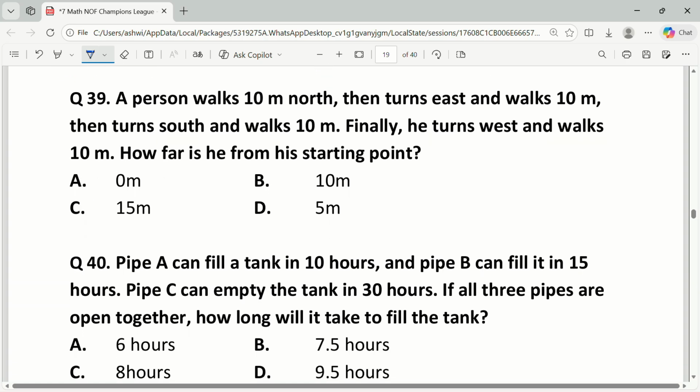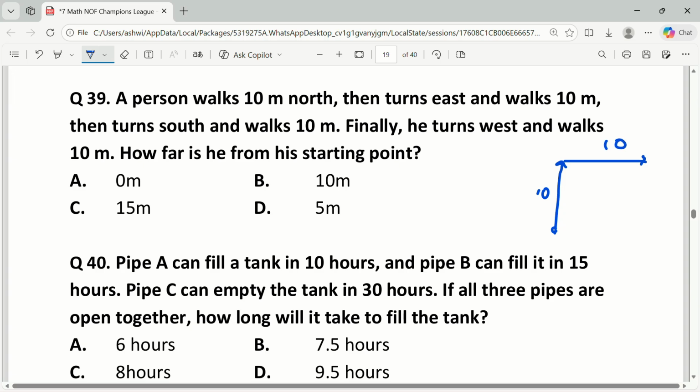Question 39. A person walks 10 meters north and then turns to east and walks 10 meters, then turns to south and walks 10 meters. Finally, turns west and walks 10 meters. How far is he from his starting point? The person walks 10 meters north from his initial point. Then he turns east and walks 10 meters.